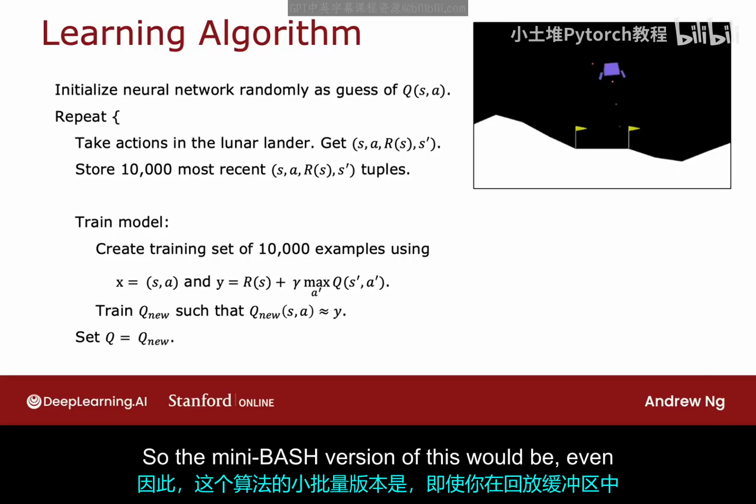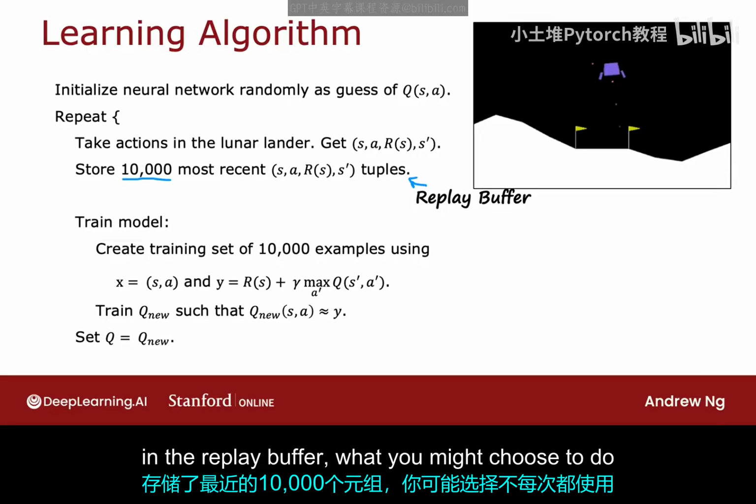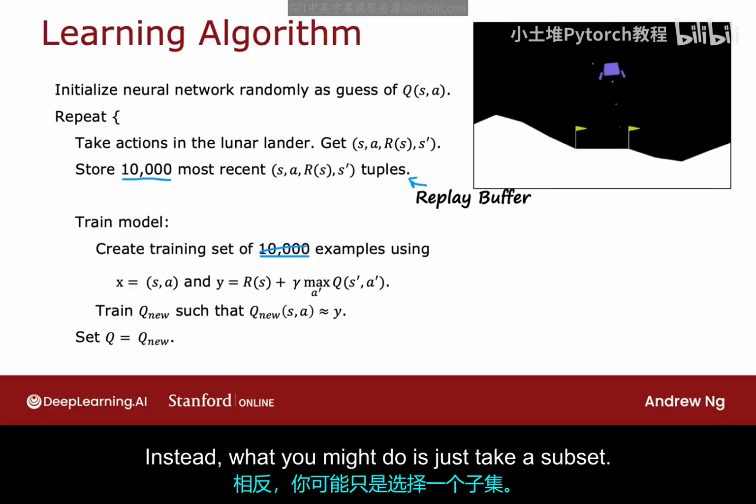So the mini batch version of this would be, even if you have stored the 10,000 most recent tuples in the replay buffer, what you might choose to do is not use all 10,000 every time you train a model. Instead, what you might do is just take a subset.